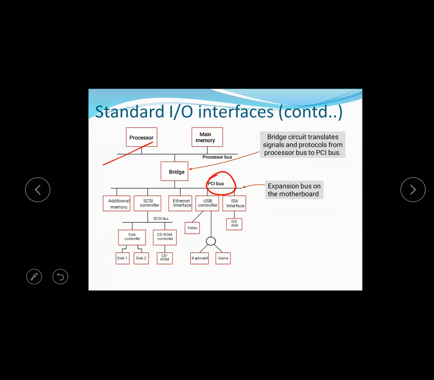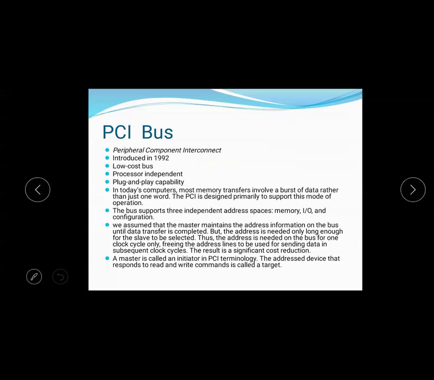This is called the expansion bus, and the bridge connects the expansion bus to the processor bus. We have connected many devices: ISA controller, USB controller, Ethernet interface, CD-ROM disk, additional memory. These are interfaces. This is the PCI bus, the Peripheral Component Interconnect bus.